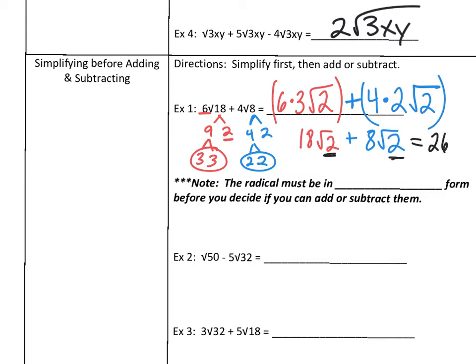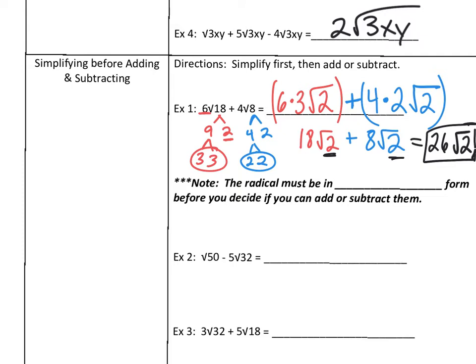We just keep that the same. So keep that the square root of 2. Yep, don't change that to square root of 4. You cannot add what's underneath. You're just adding coefficients. Okay? Questions on that?